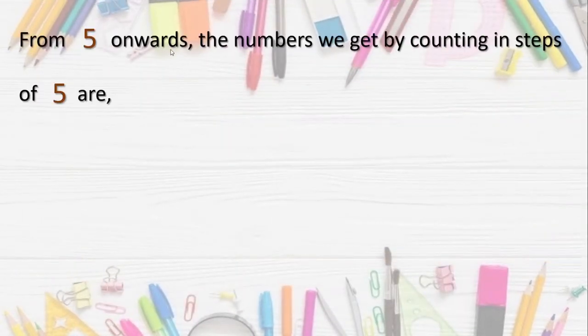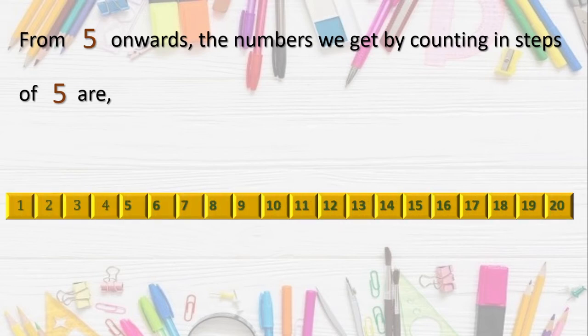Okay, one more example we will go through. From 5 onwards means we have to begin from 5. Okay, from 5 onwards the numbers we get by counting in steps of 5. Yes, after 5 numbers we have to take the jump. Okay. First the number strip we need. Now we will begin from this 5. It is written here from 5 onwards.